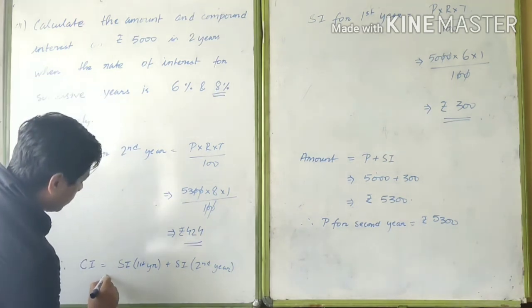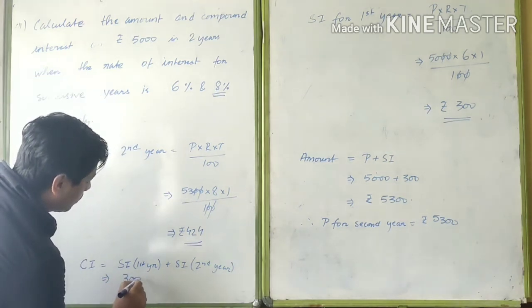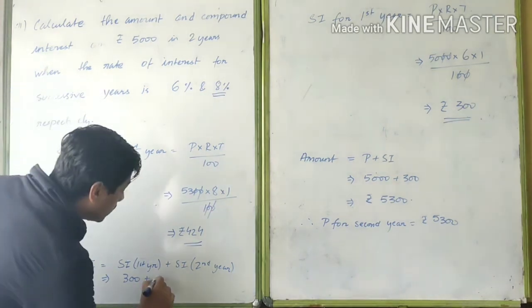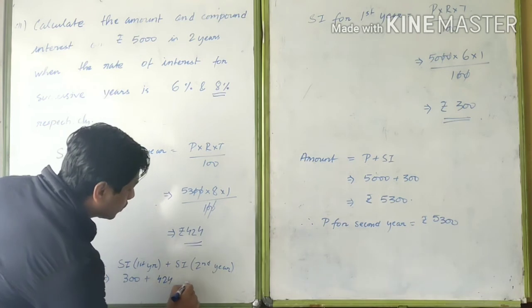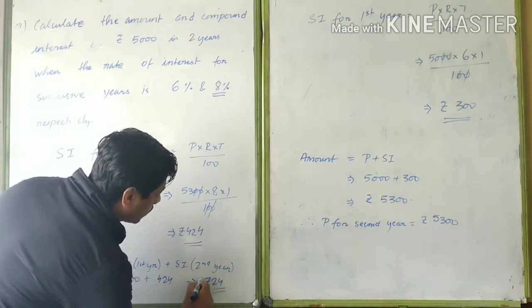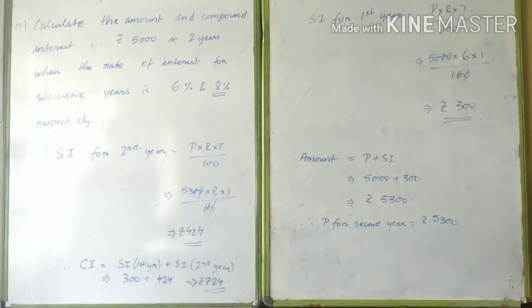So the SI for the first year was rupees 300 plus the SI for the second year was rupees 424. So this gives me rupees 724. This is the CI.